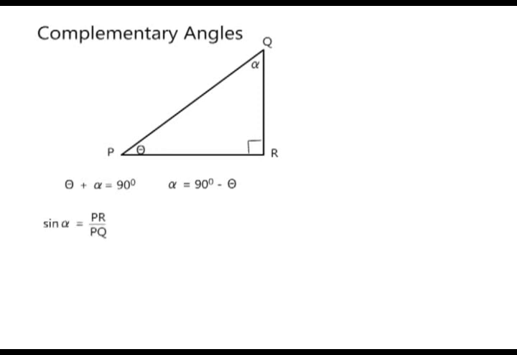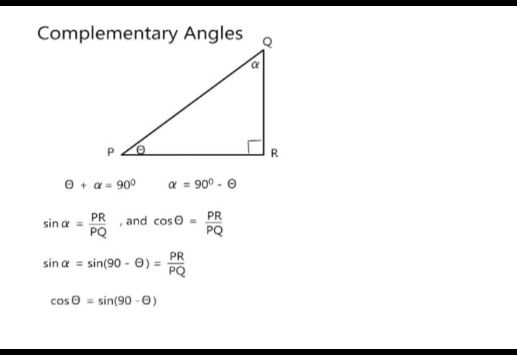Sin alpha is equal to PR over PQ, and cos theta is equal to PR over PQ. Sine alpha is equal to sine 90 minus theta, that is equal to PR over PQ. And therefore, cos theta is equal to sine 90 minus theta.